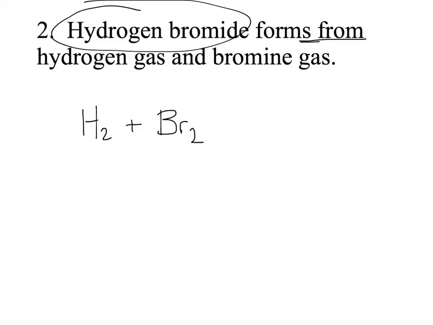So both diatomics, and they're going to form hydrogen bromide. Hydrogen bromide is just hydrogen and bromine. Hydrogen's 1+, bromine's 1-, so it's just simply HBr. This one, I'm not even going to pause it for the balancing because you notice there's 2 of each on the reactant side. All you have to do is put a coefficient of 2 in front of the HBr, and that's it.